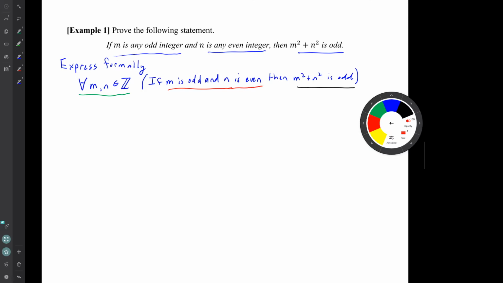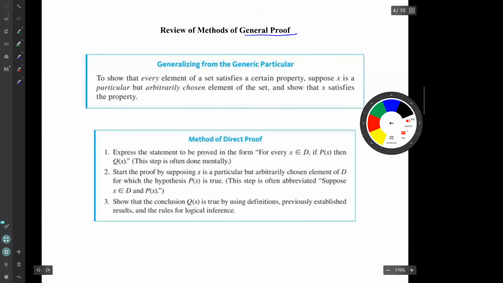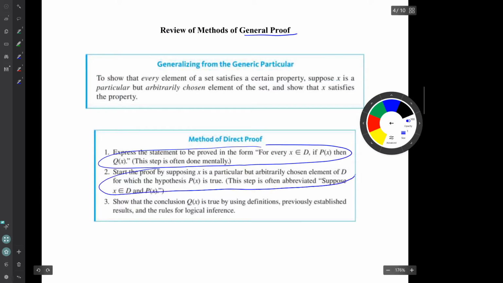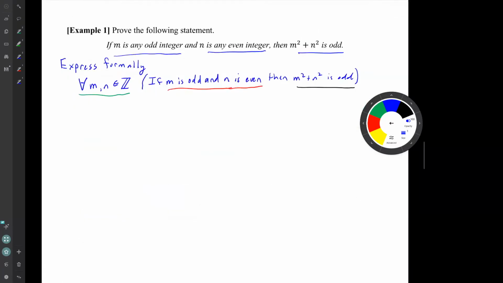So remember the proof structure that we should use. We should use the structure that's called direct proof. To prove a statement of that form, we start by doing this stuff. We suppose x is a particular but arbitrarily chosen element of the domain for which the hypothesis is true. So that's the start.